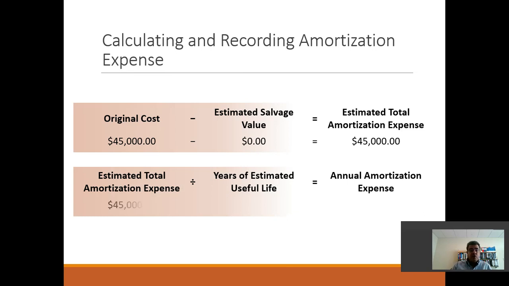So, total amortization expense divided by estimated useful life, usually the legal useful life. For instance, patent, 10 years. So it is $4,500 per year. It is a straight line method. There is no double declining method and so on.